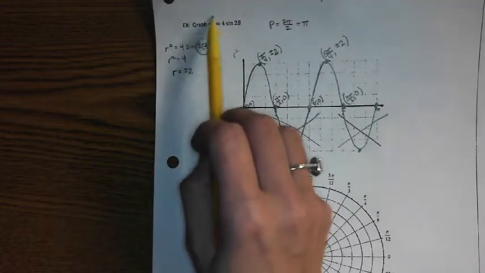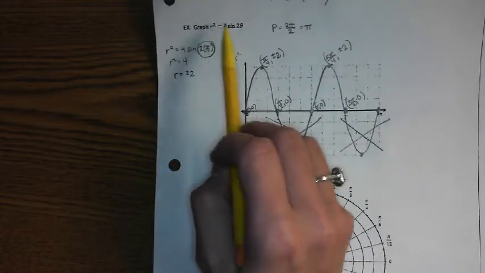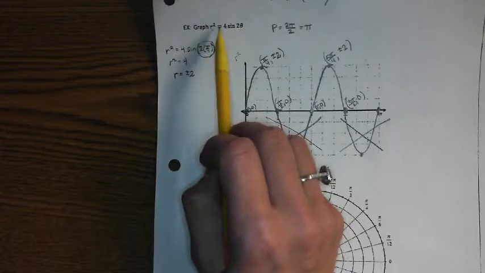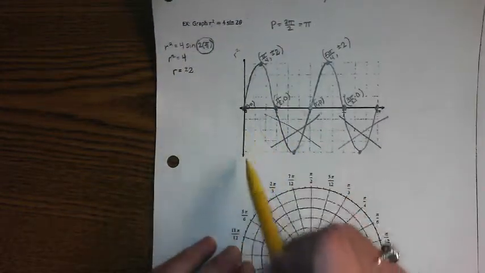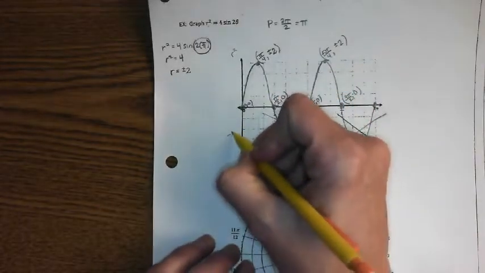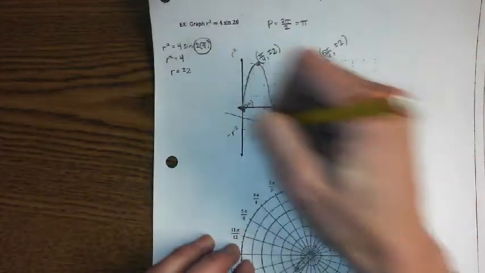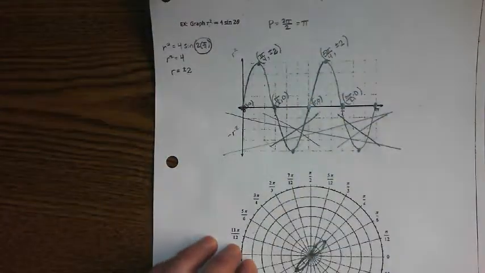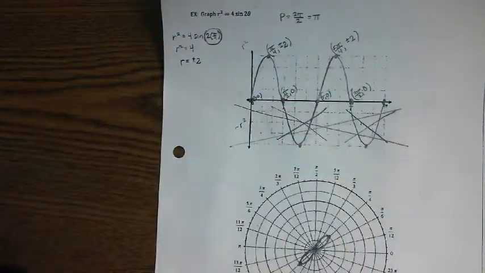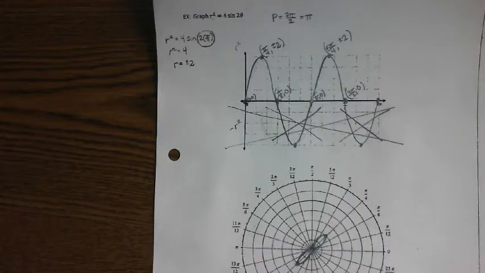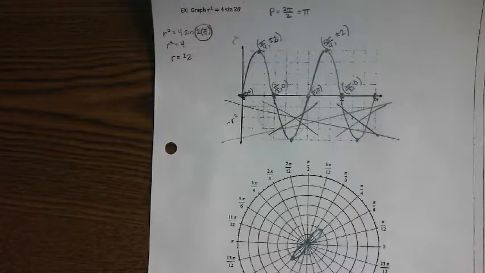R squared, though, is always positive, which means whenever this graph equals negative r squared values, that won't happen. This is technically negative r squared values, so this whole thing won't happen. It's just this. So we've got an r squared situation happening and an r situation happening.